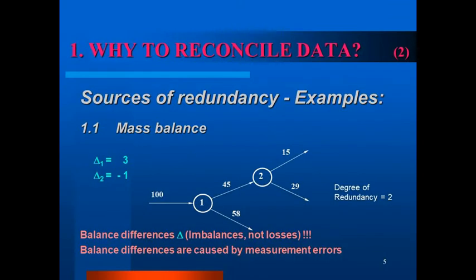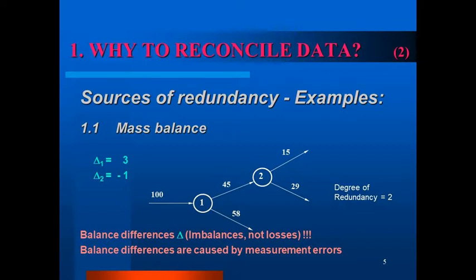The simplest case of an industrial model is the mass balance. In this small example, there are two balancing nodes and 5 measured flow rates. For every node, we can calculate the balance difference, which is defined as the sum of outputs minus the sum of inputs. The balance difference equals 3 measured units for node 1 and similarly minus 1 measured unit for node 2.